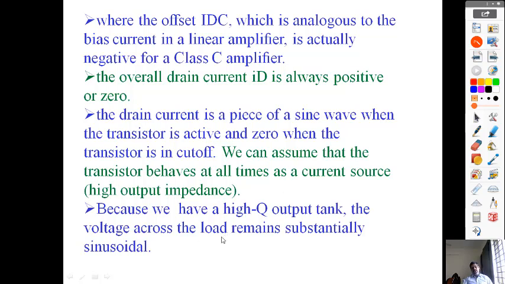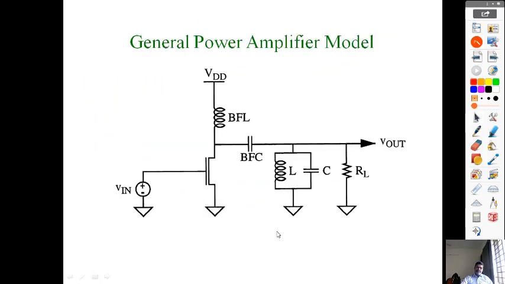Because we have a high Q output tank, the voltage across the load remains substantially sinusoidal. This is the high quality factor tank circuit. Since the quality factor is high, the bandwidth will be narrow, and hence the selectivity will be high. Therefore, it will select only one frequency component from the number of frequency components in the pulsed output.